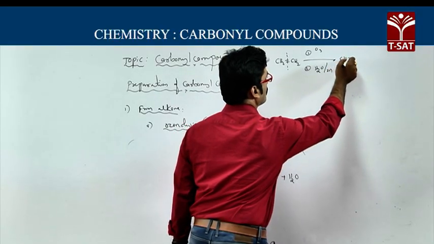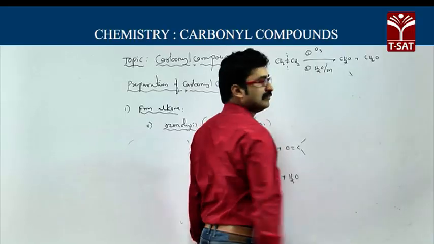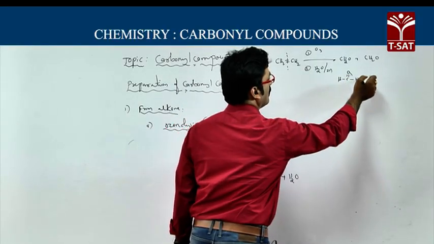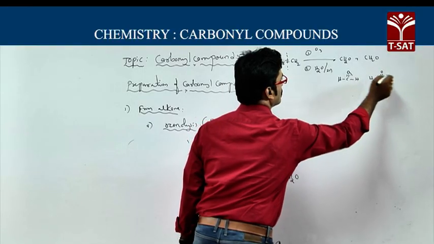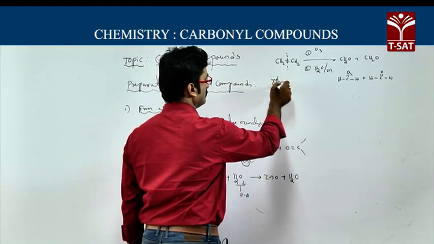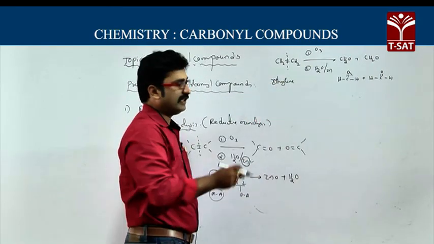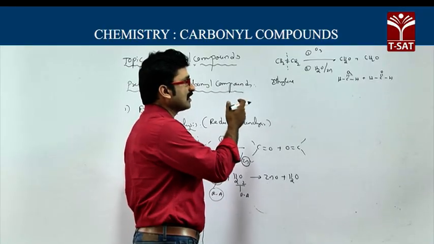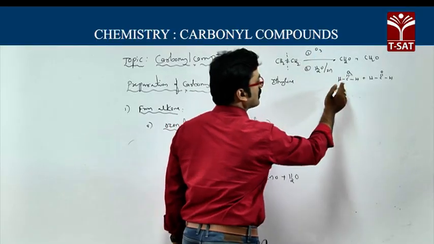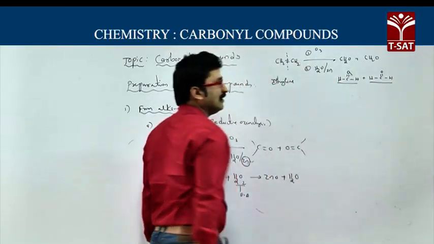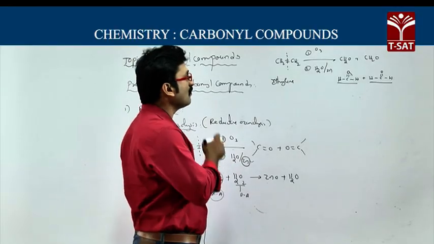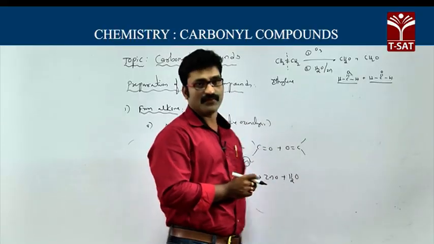So you can write CH2O, CH2O, or else you can write it like this also, H C double bond O H, H C double bond O H. Here this is ethylene, the common name, and the IUPAC name is ethene. Ethylene on ozonolysis gives 2 moles of formaldehyde. If you want to prepare formaldehyde, you are supposed to take ethylene.